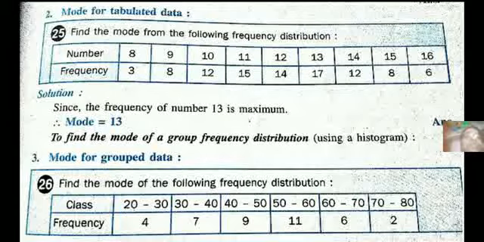If you see the frequency, the maximum value of the frequency is seen in 17, its value is 13, therefore the maximum occurrence is of number 13, that is 17 times, therefore mode of this distribution is 13.